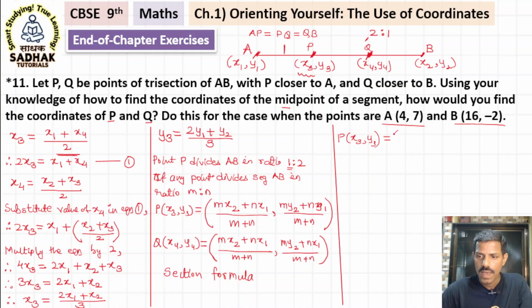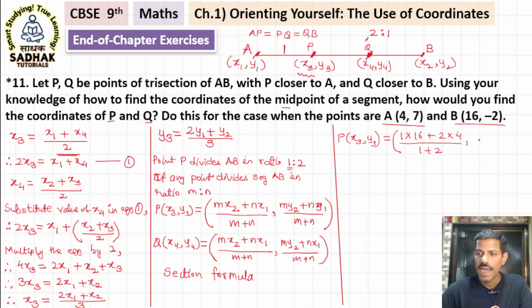So m is 1. So 1 multiplied by x2. So x2 is what? The x coordinate of point B, that is 16, plus n is 2 multiplied by the x coordinate of point A, that is 4, divided by 1 plus 2, that is m plus n.